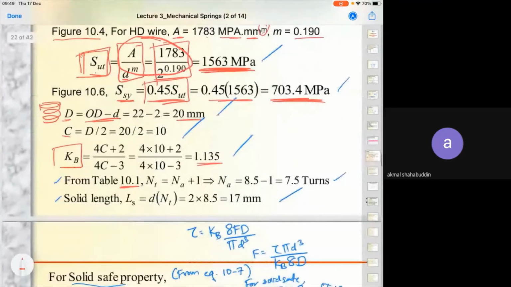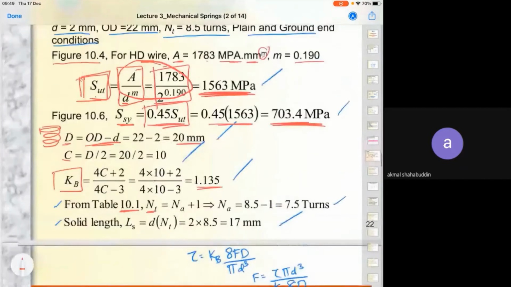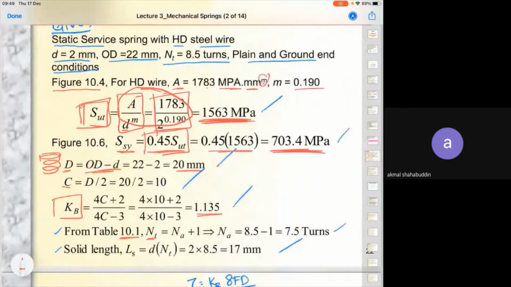So NT for plane and ground, NA plus 1, you get NT equal to NA plus 1. Kita nak dapat apa? Kita nak dapat number of active coil, NA. Kita tak nak total coil. Sebab apa? Kalau total coil, dia including ends, both ends.